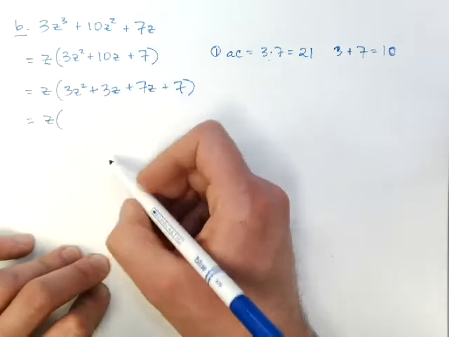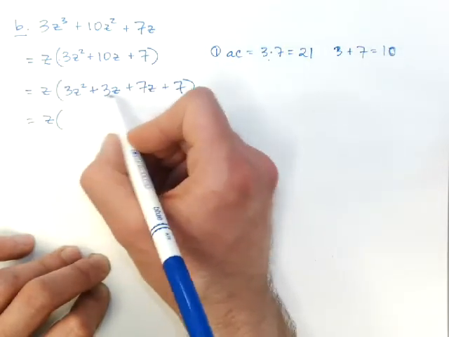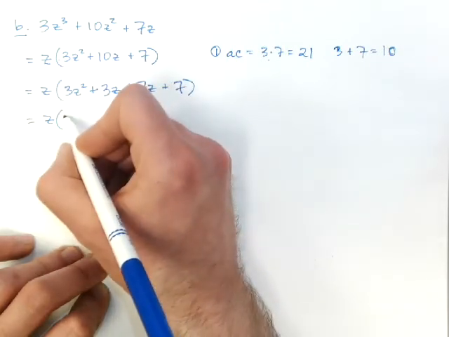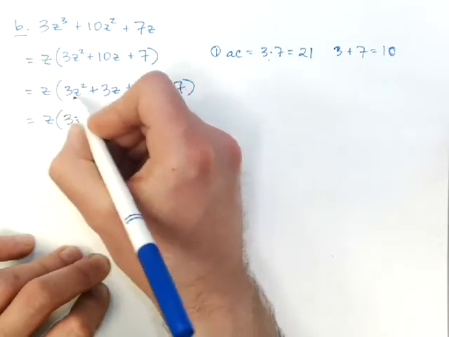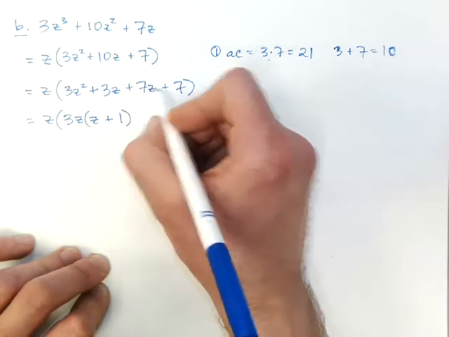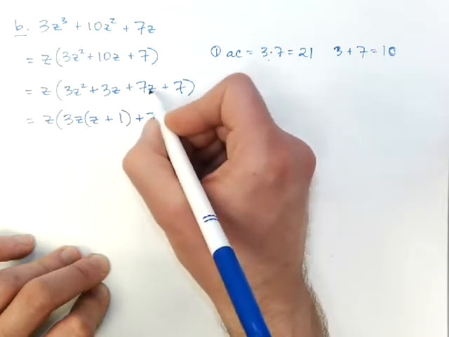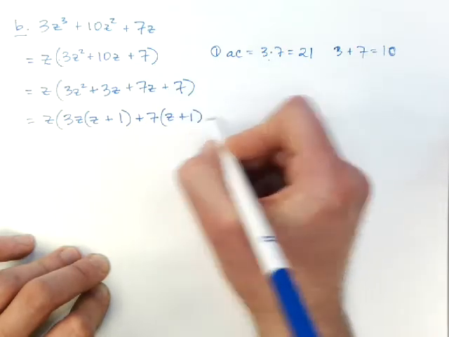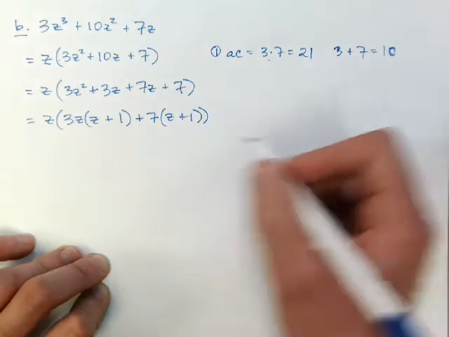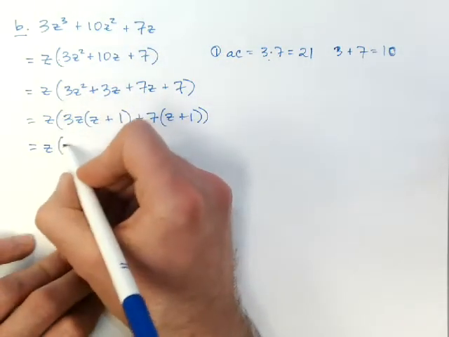From these two terms we can factor out a 3z, which leaves z plus 1. Out of these two, we can factor out 7, and that leaves a z plus 1. Awesome, because now z plus 1 is a common factor.